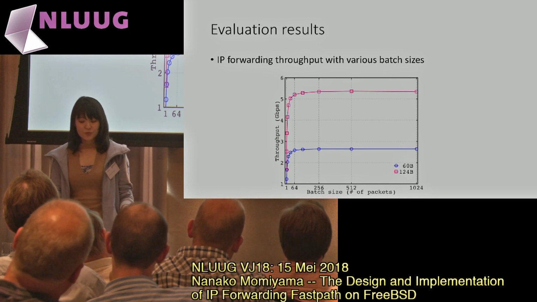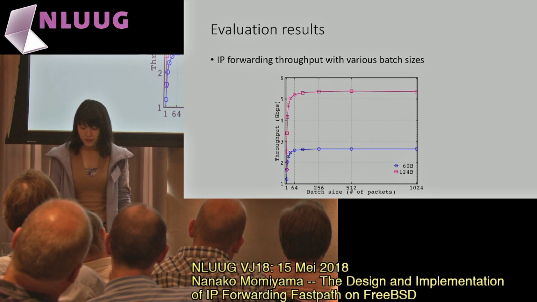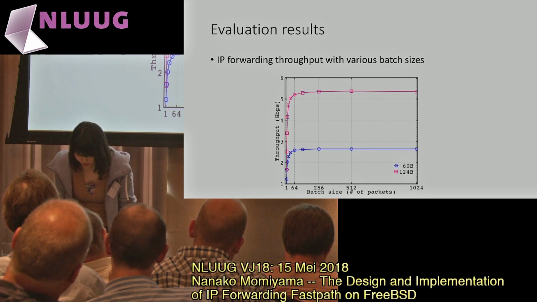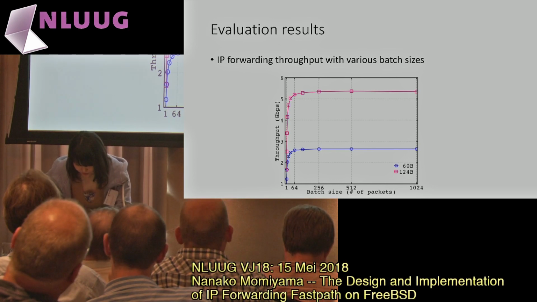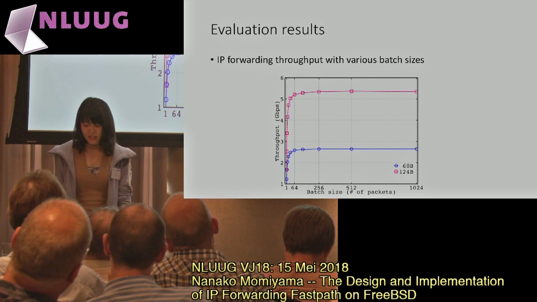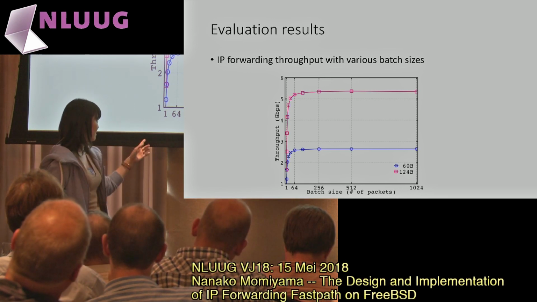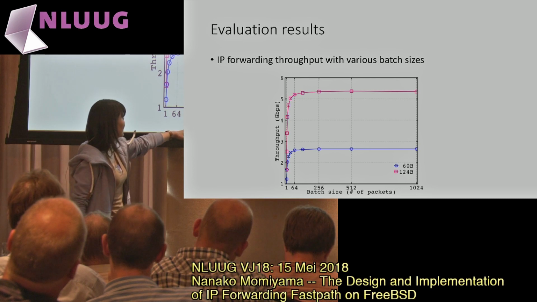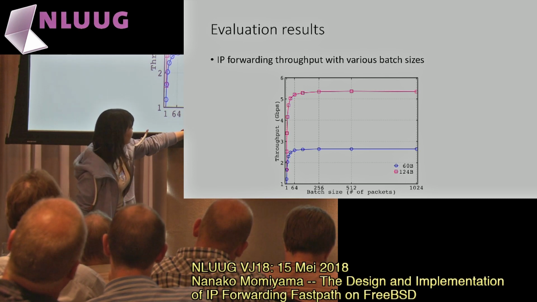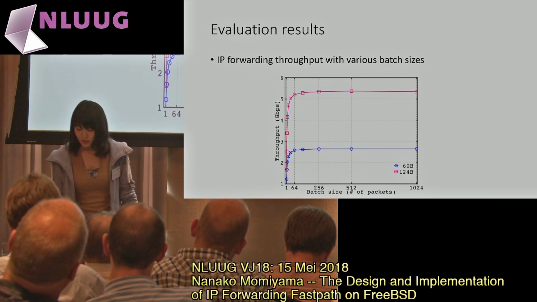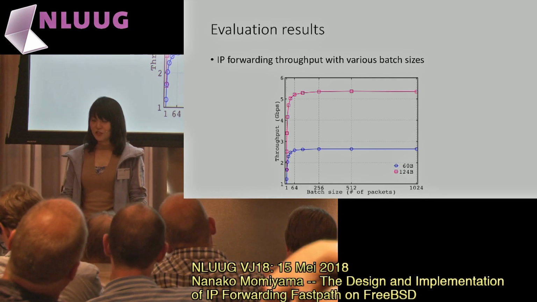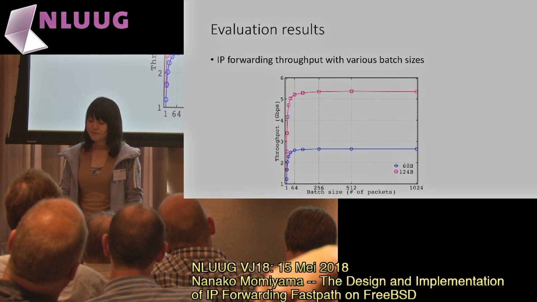The throughput increases with the growing batch size and reaches its peak at 256 or 512 packets, and does not change after that.